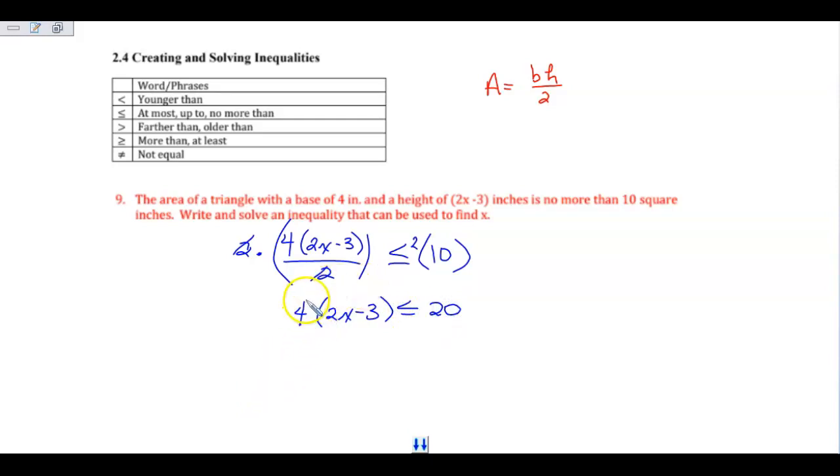I can distribute the 4. That'd be 8x minus 12 is less than or equal to 20. Now I have gotten rid of all my parentheses. I have no fractions, and I'm ready to solve. So the next thing I'm going to do is add 12 to both sides.